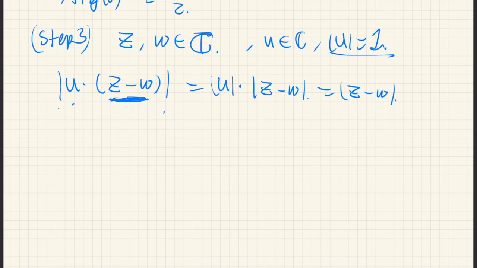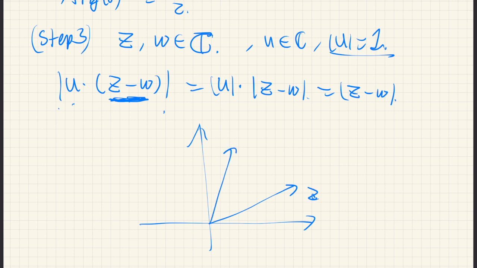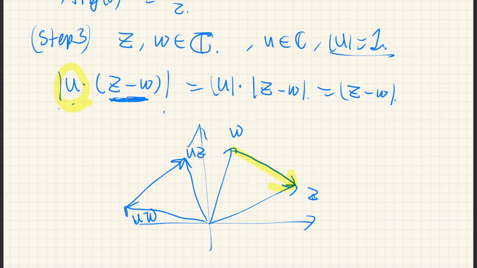Okay, so that means if we have two complex numbers, z and w, then we take the difference between them. In that case, that difference will be this. And if we multiply the complex number corresponding to this difference by u, then the resulting complex difference, which will be uz and uw, the difference would be this.